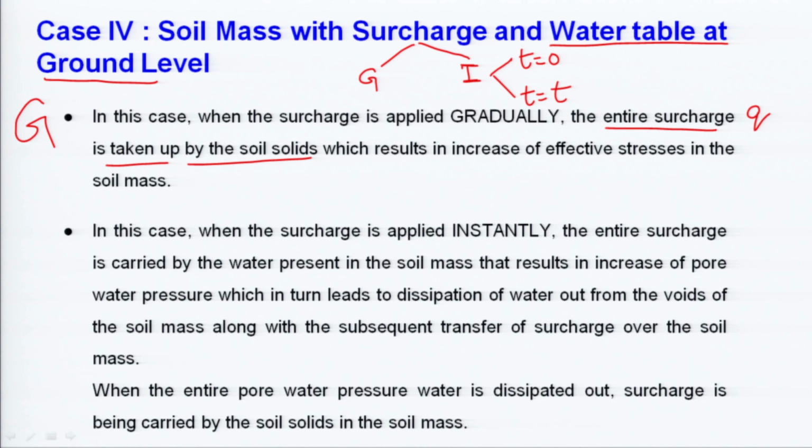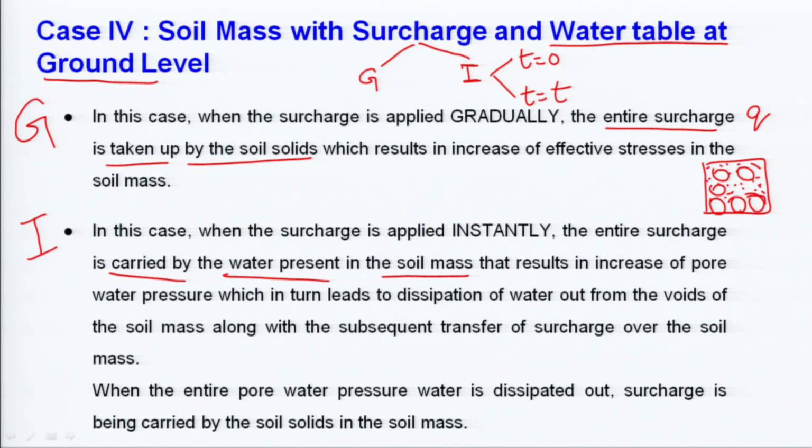But when we take the second case, the instant one, where the water table is at ground level and the surcharge is applied instantly, at that time the entire surcharge is carried by the water present in the soil mass. You already know that soil contains soil solids, and in between there is water.